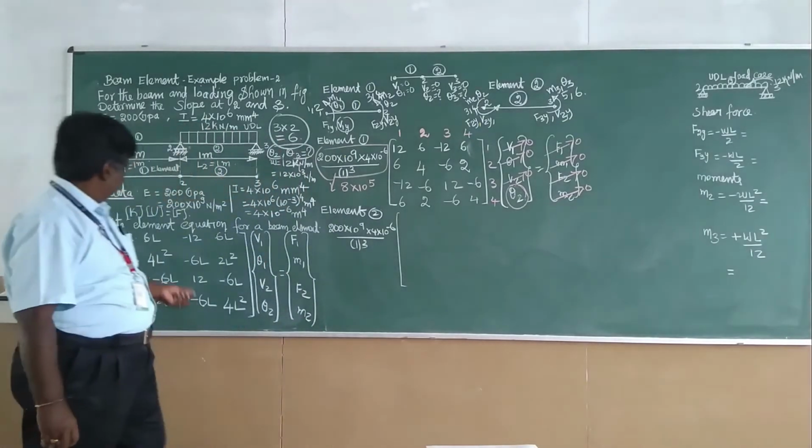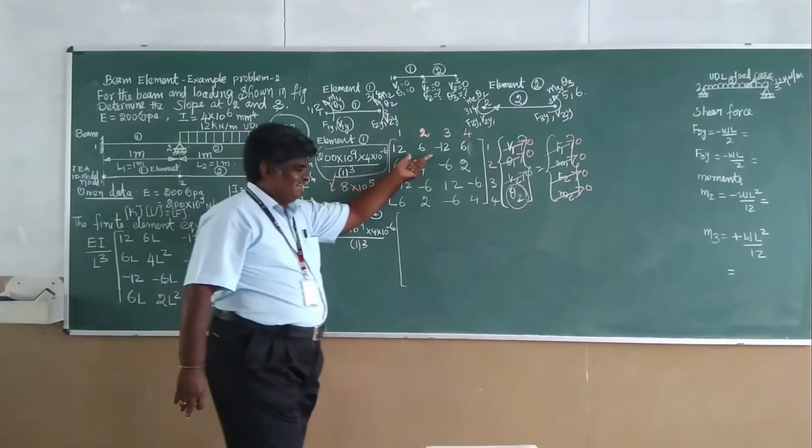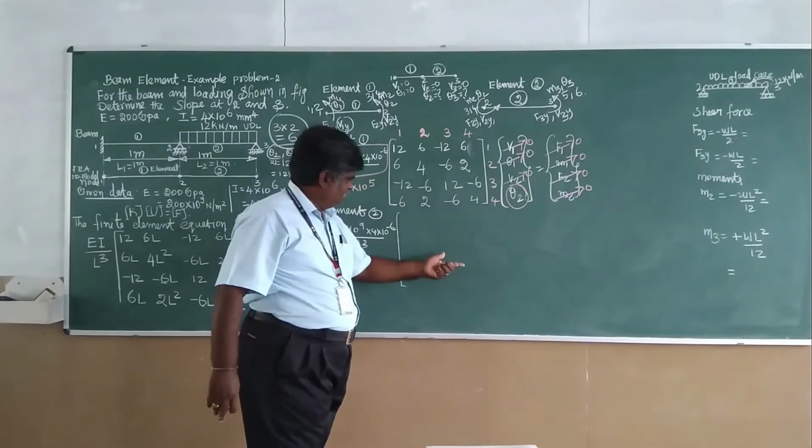The matrix and length are the same, 1 meter, so you can rewrite this as a 4 cross 4 matrix.